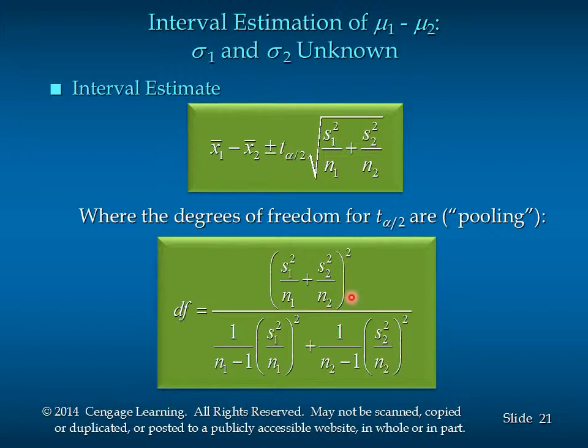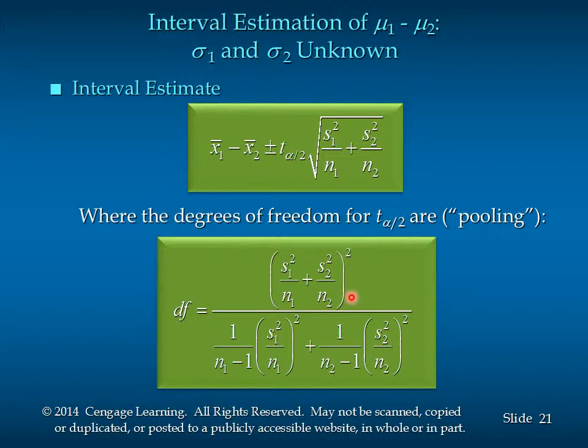Or pooling, as they called it in the textbook. If you pick 100 and use the degrees of freedom associated with 99, and you take 50 and use 49, and then add them up and divide by 2, it might get you close, it might not.